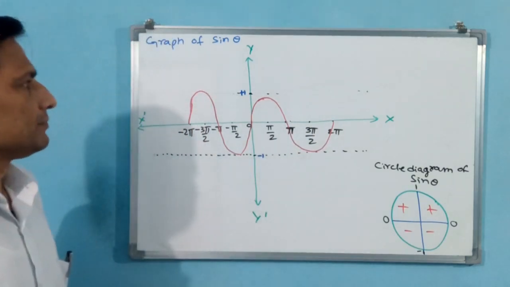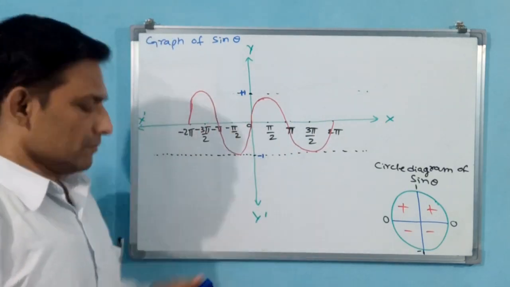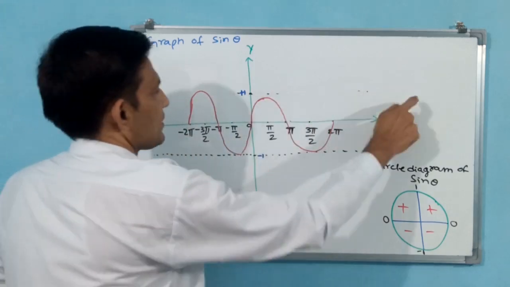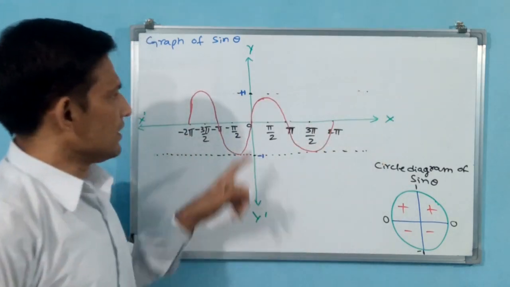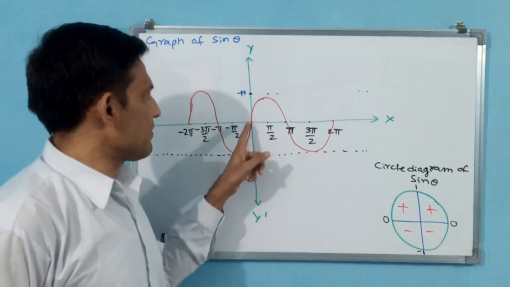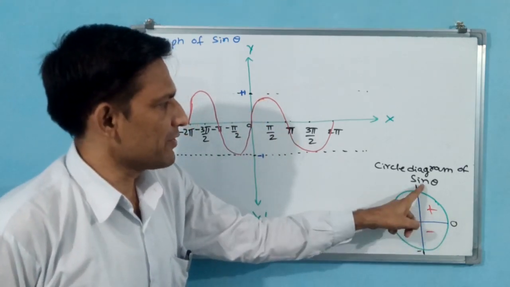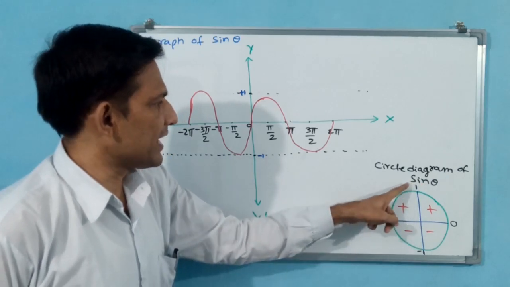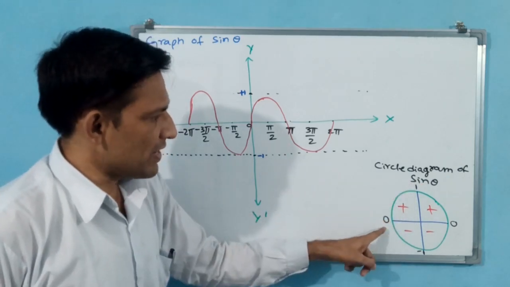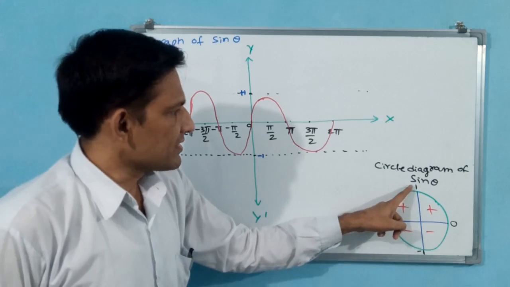Now you see, this is +1, this is -1. From 0 at pi by 2, 90 degrees, it has reached 1. Then again from pi by 2 to pi it has come down to 0.